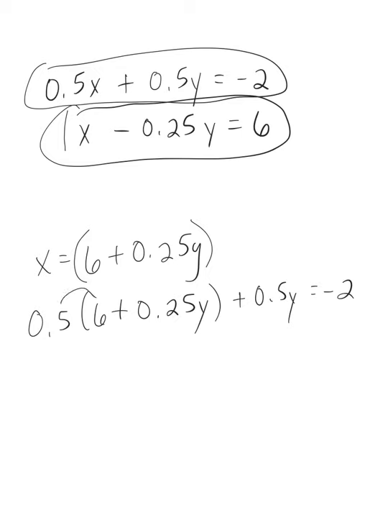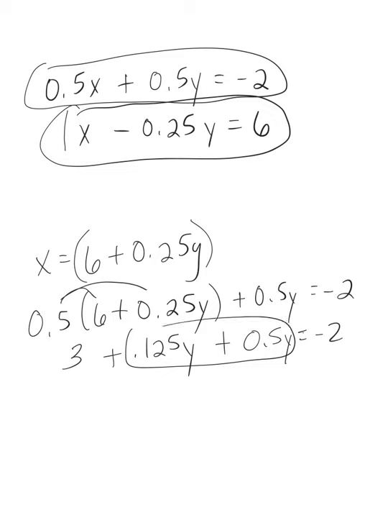So 0.5 times 6 is 3. 0.5 times 0.25 is plus 0.125y, plus 0.5y equals negative 2. These two are like terms. I get 0.625y.